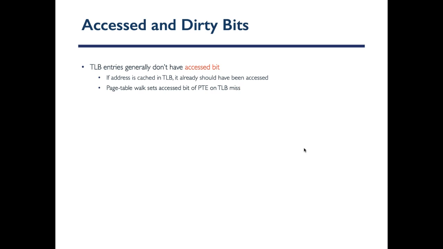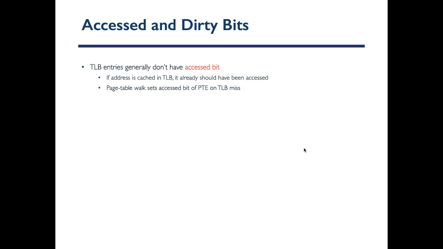Next time that your program accesses this page, and the hardware finds this address cached in the TLB, it's not going to go back to the page table because that would be just wasteful. I already have found the translation in the TLB, so the hardware is not going to go to the page table entry.